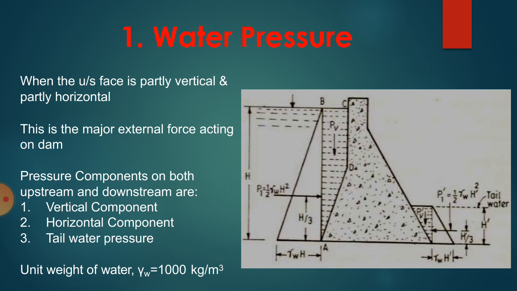These are the major external forces acting on the dam, that is, the pressure components on both the upstream and downstream sides: vertical component, horizontal component, and the tail water pressure. Here we already know the unit weight of the water, gamma W, is equal to 1000 kg per meter cube.